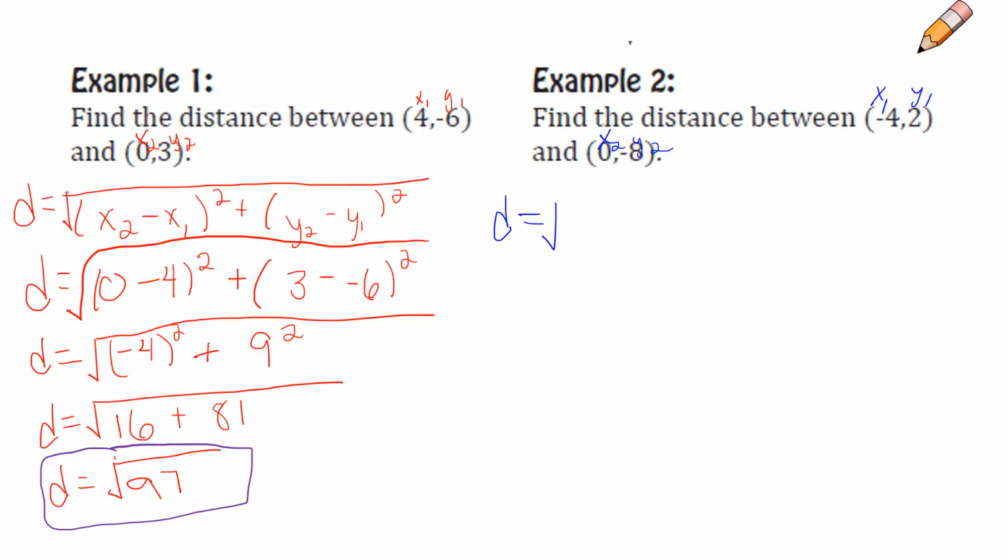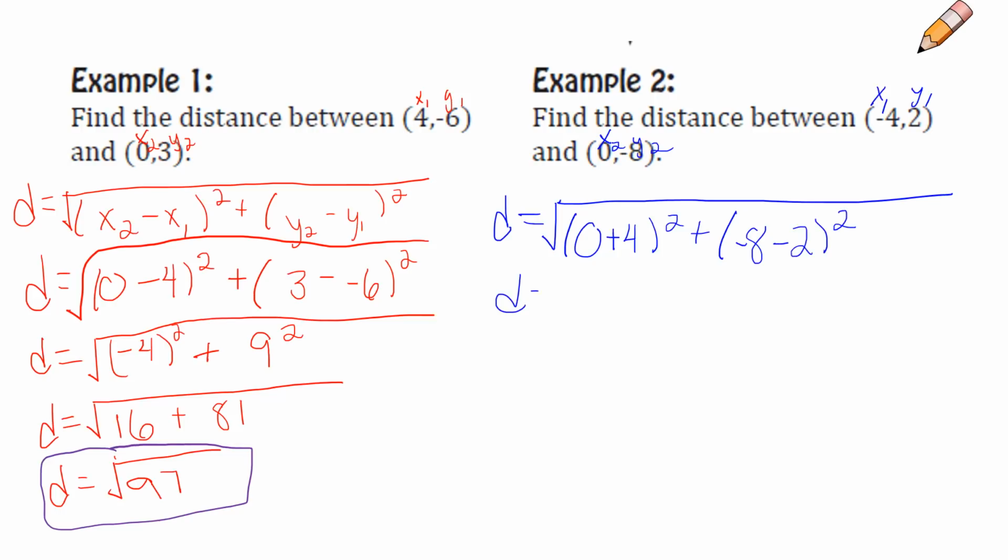So we have d is equal to the square root of x2 minus x1 is 0 minus a negative 4 squared plus the quantity negative 8 minus 2 squared. And now we're just plugging and chugging. So 0 plus 4 is still 4 squared. And we have negative 8 minus 2 for a negative 10 squared. And we're still taking the square root of everything.